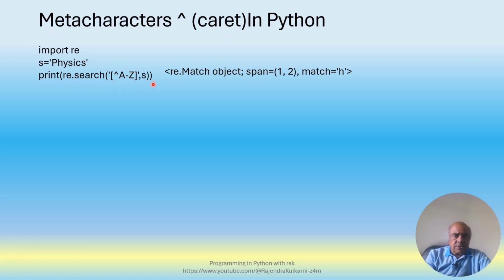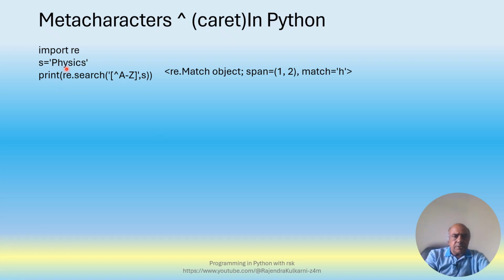What this tells us is not a to z, meaning we are not searching for small characters between a and z. This caret works as a not operator when it precedes the search criteria placed in the square brackets and enclosed in single or double quotes.